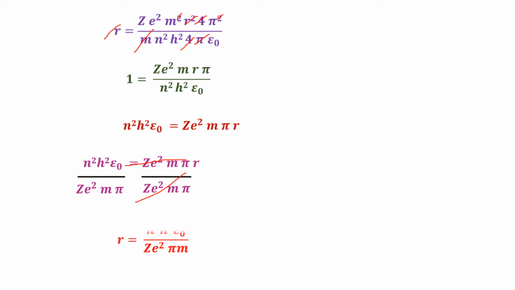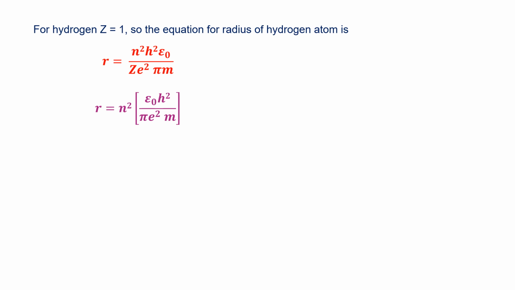Now the equation is r is equal to n square h square epsilon naught divided by ze square pi m. For hydrogen atom, Z has value that is equal to 1. So the equation of radius will become, now we will put here 1, the value is n square epsilon naught h square divided by pi e square m.